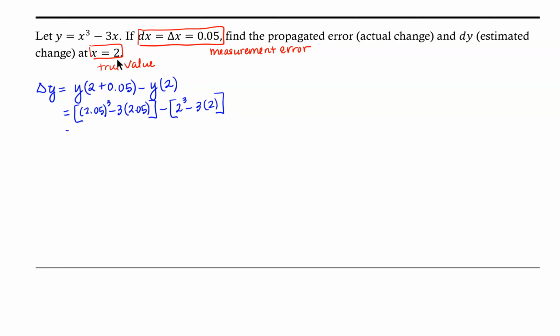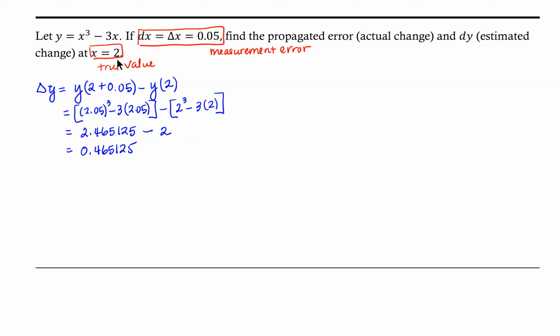Well, running this through the calculator, y at 2.05 is 2.465125 minus, and our y at 2 is simply 2. Which gives us a difference of 0.465125.